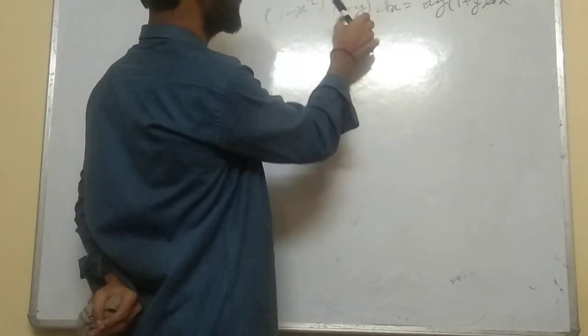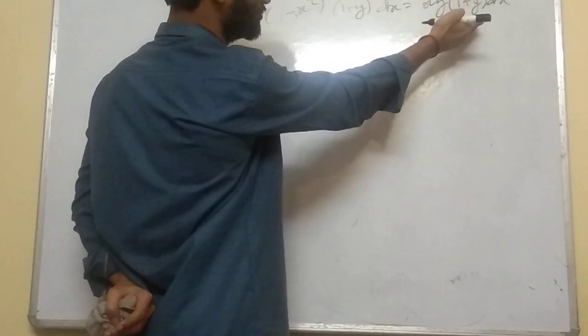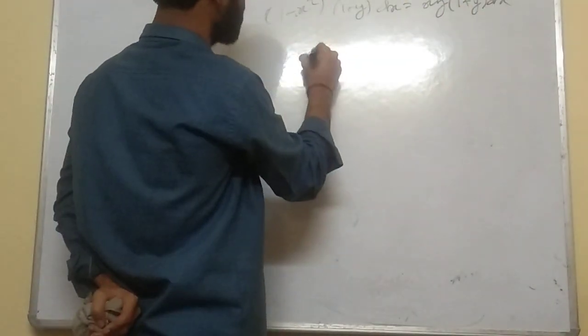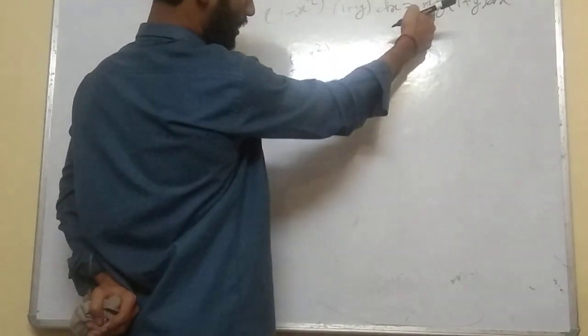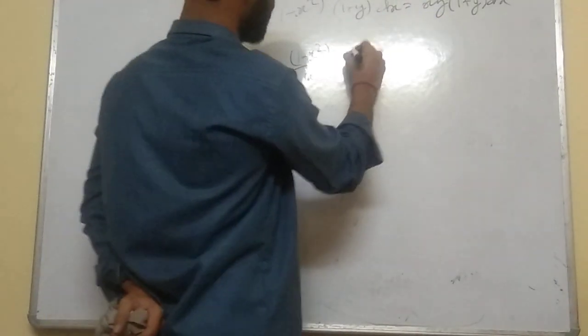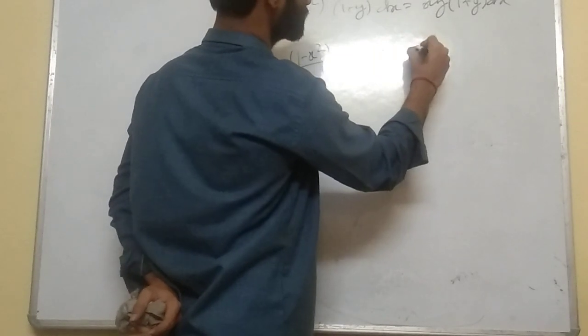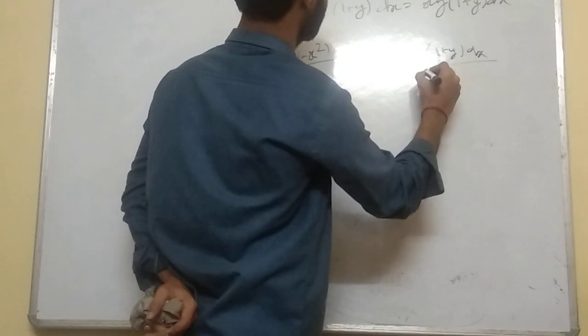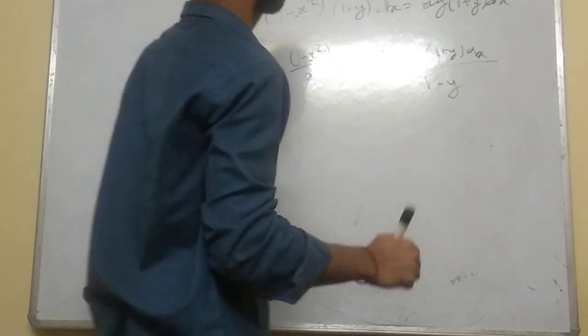So if you want, you can just write down this 1 minus y in the denominator of this terms, and x will come here. So this will become x, 1 minus x square upon x dx is equal to y, 1 plus y dx upon 1 minus y.